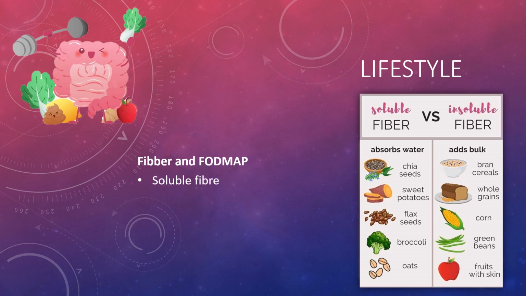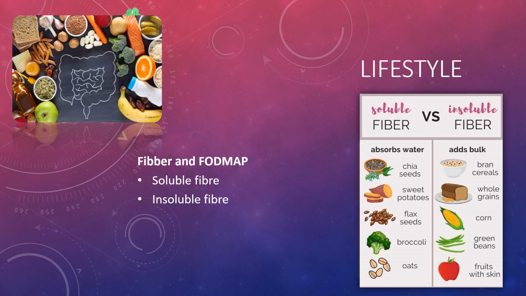Insoluble fiber does not absorb or dissolve in water, but it holds water very effectively like a sponge, and it helps bulk our stool motions. You can find this type of fiber in the skins of fruits and vegetables, seeds and whole grains, kidney beans and chickpeas. A mix of both types of fiber is vital for bowel health.